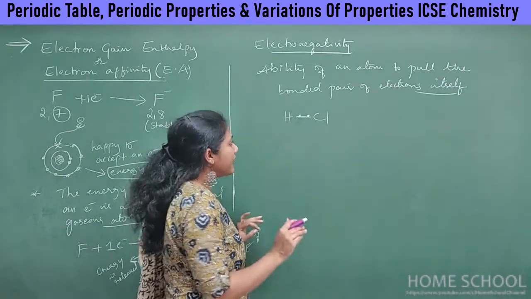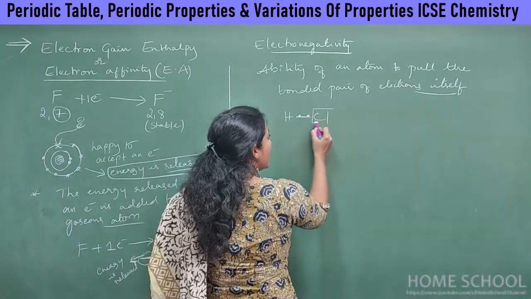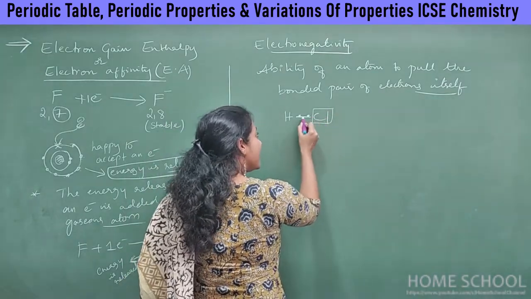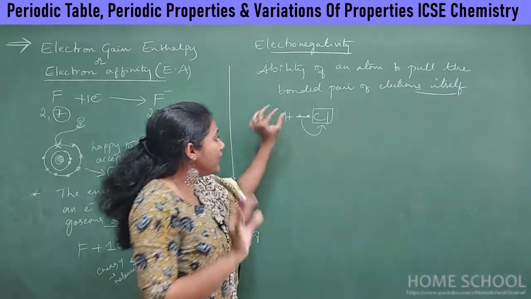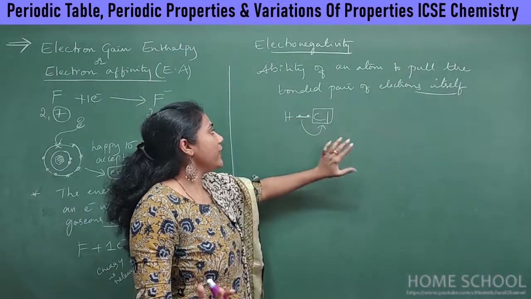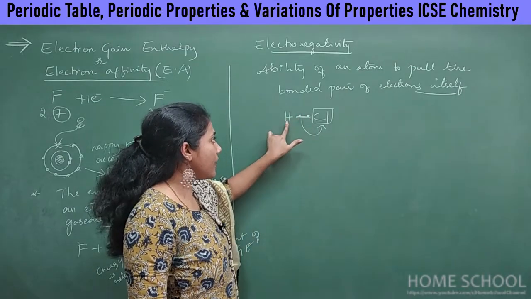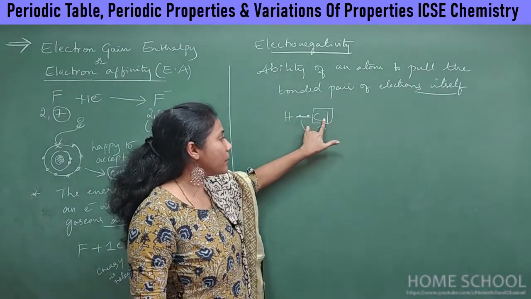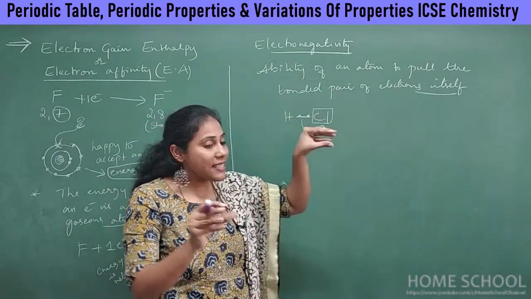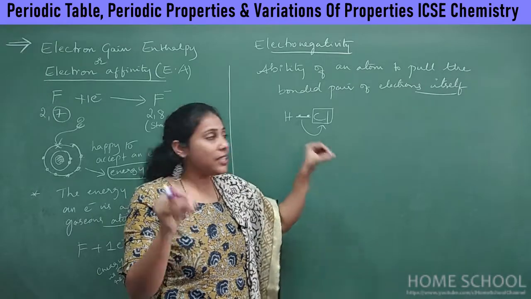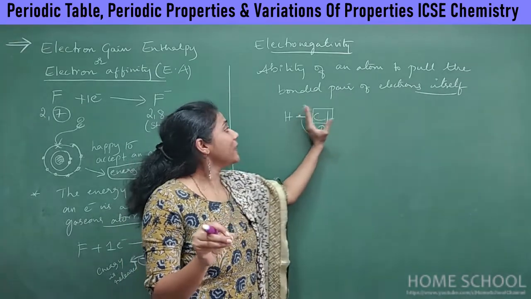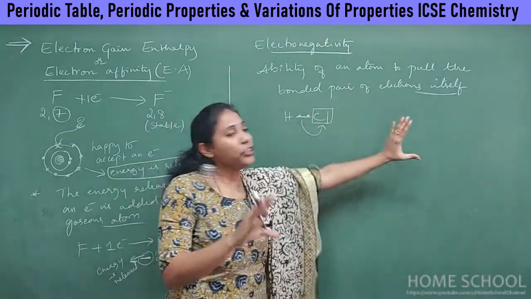Here this chlorine has a capacity to pull both electrons towards itself. Actually, a bond means 2 electrons. One electron is from hydrogen, the other electron is from chlorine. But chlorine has that greedy, selfish nature. It wants both electrons to be present more towards itself.